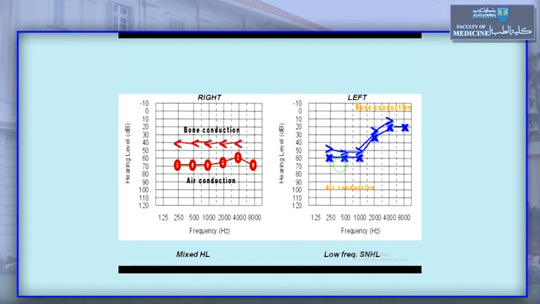To summarize, we have the 4 most common causes for low frequency sensory neural loss. We have Meniere's disease, sudden sensory neural hearing loss, heredofamilial hearing loss, and the 4th most common is the autoimmune inner ear disease.